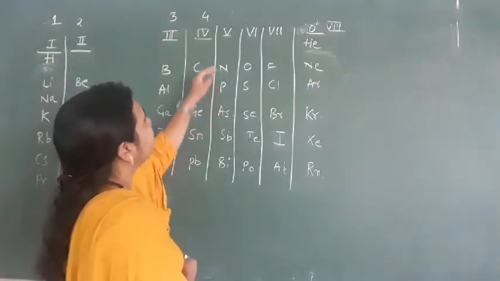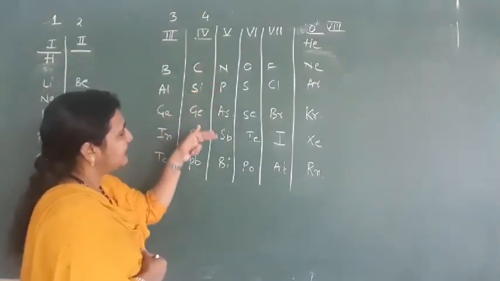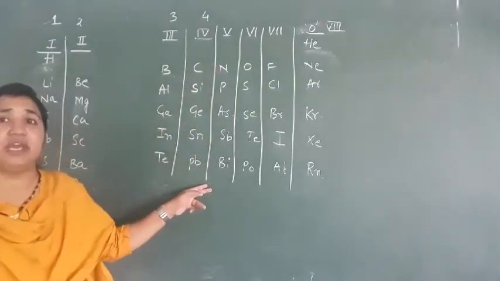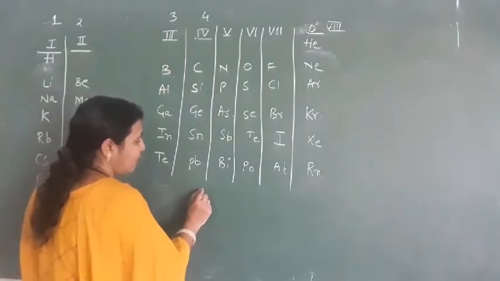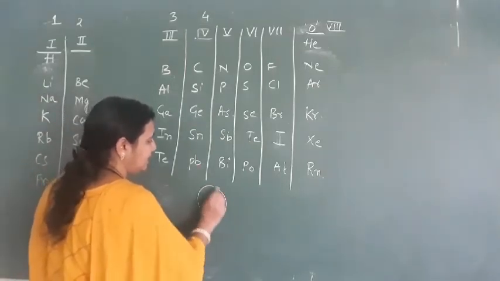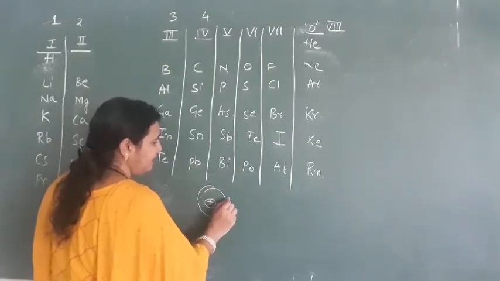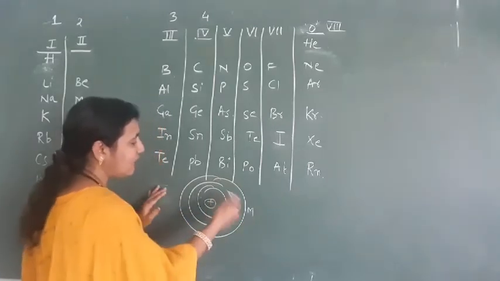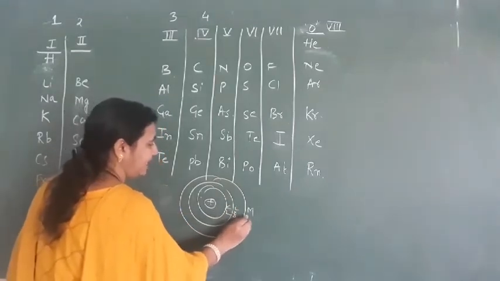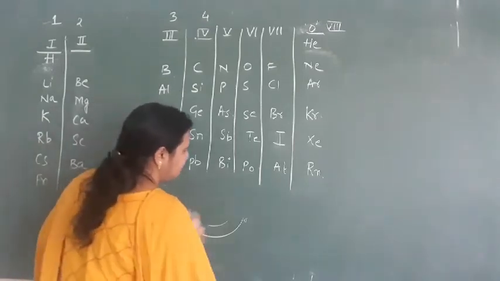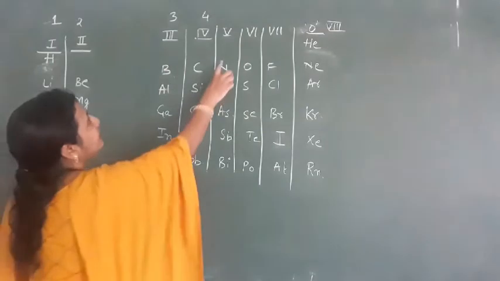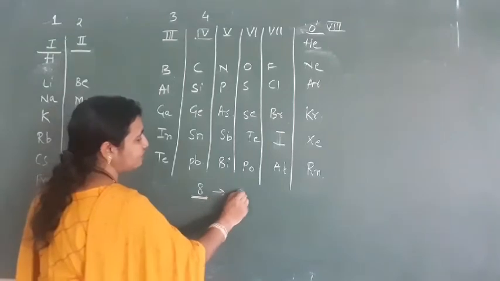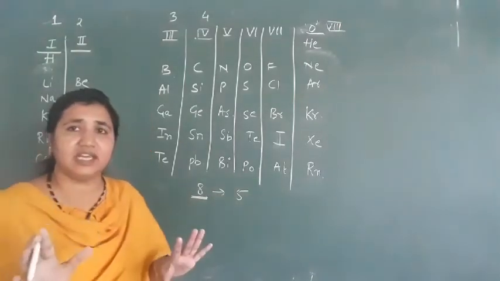Next is the fifth group: nitrogen, phosphorus, arsenic, antimony, bismuth. The valency of this group is not 5. Why? Here is the nucleus, and we have shells K, L, M, with 2, 8, 8 electrons. The outermost shell wants 8 electrons in total, but nitrogen has only 5 in its outermost shell.